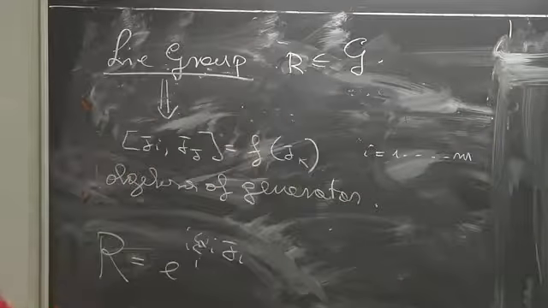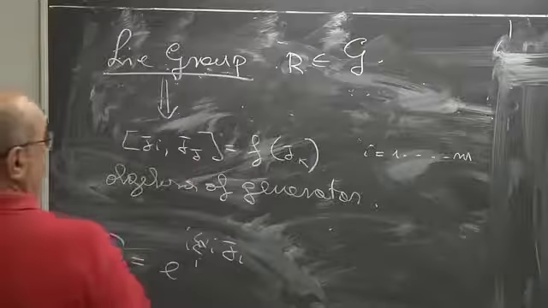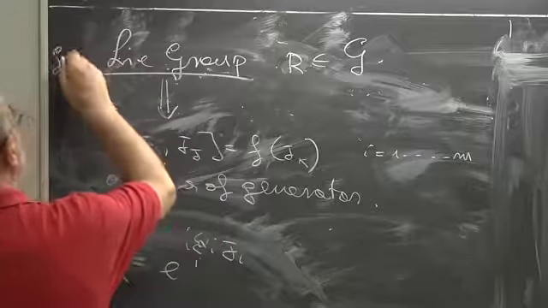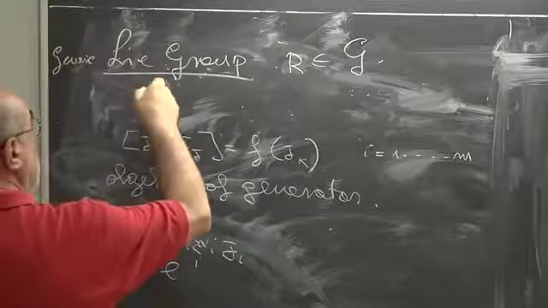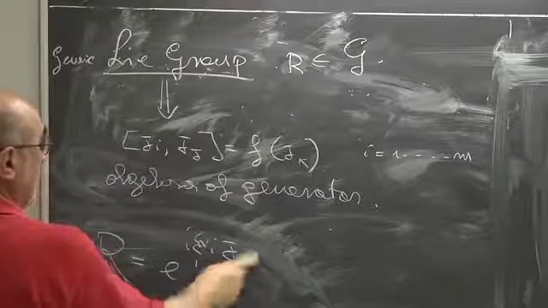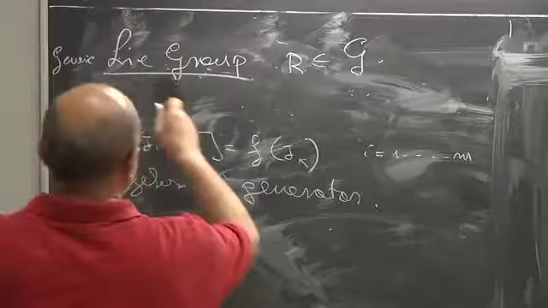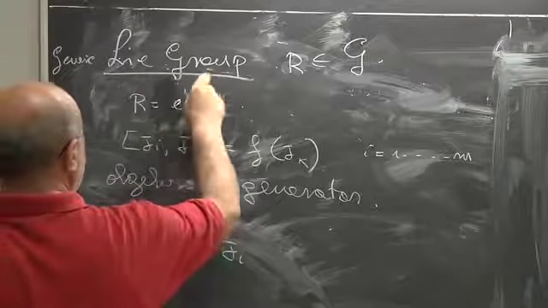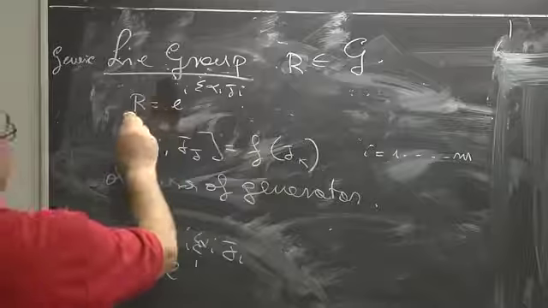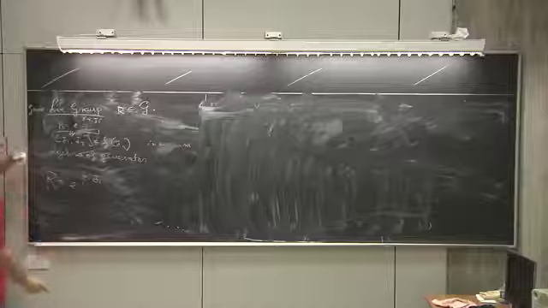So I'm staying with the generic Lie group, okay? So this is a generic Lie group. You always have this structure, that there are the generators. The generators, why are they important? They are important, maybe I should actually put this before, that a group element can always be written as exponential of alpha i J_i. So a Lie group can always be written in this manner, where the J_i satisfy some algebra.